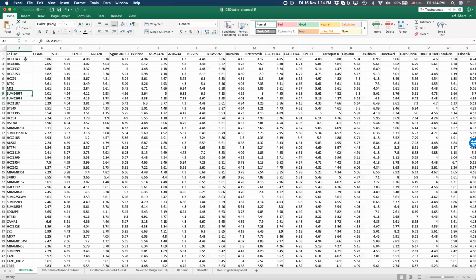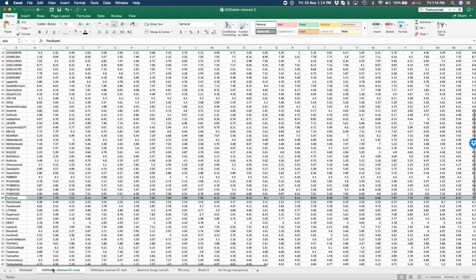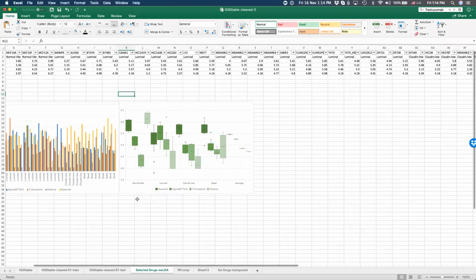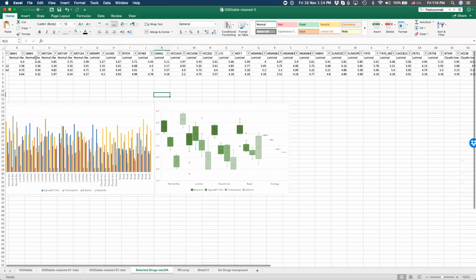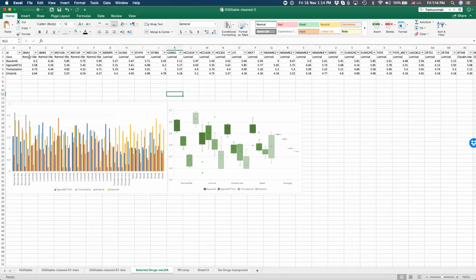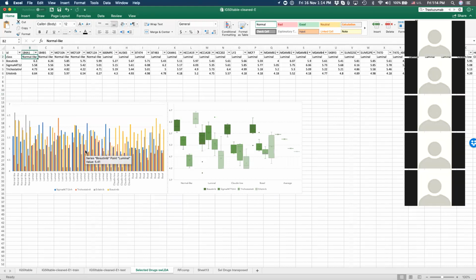So if we were to take a look at, I believe what we would want to do is take a look at the class, so the different subtypes of breast cancer, right? So I believe this is 184A.